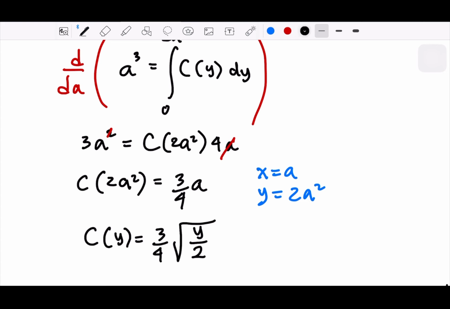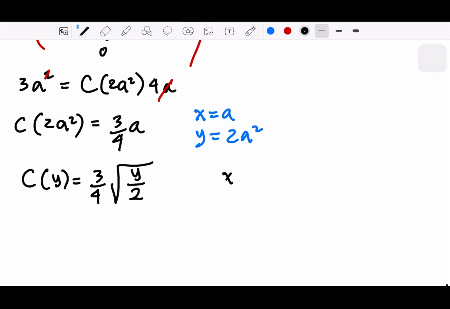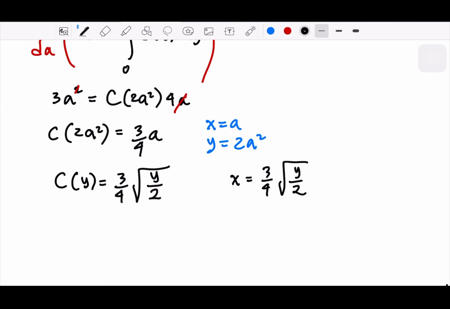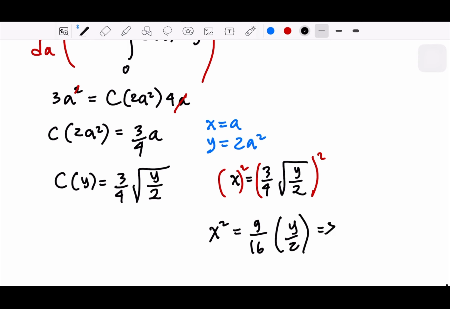So it's actually x is equal to 3 over 4, and then we can take the square. So x squared equals 9 over 16 y over 2, and we can have y is 32 over 9 x squared.